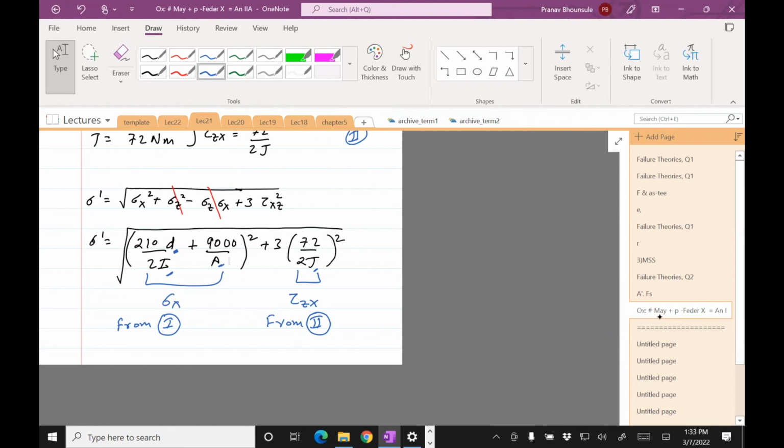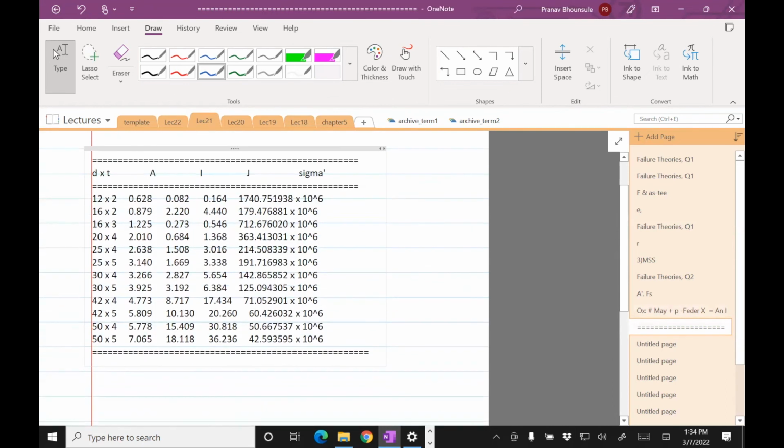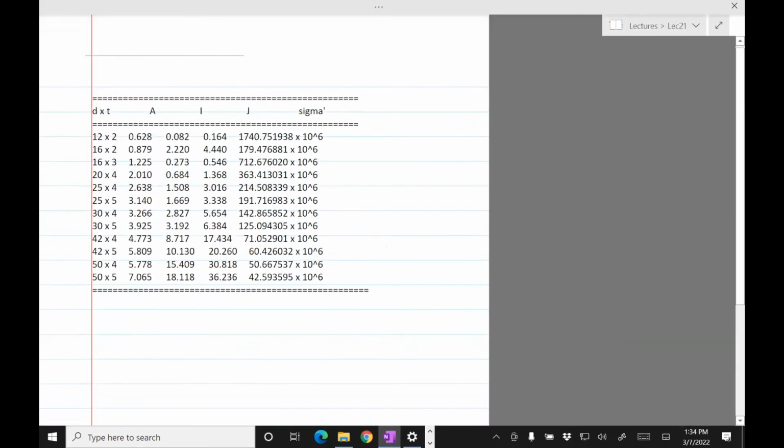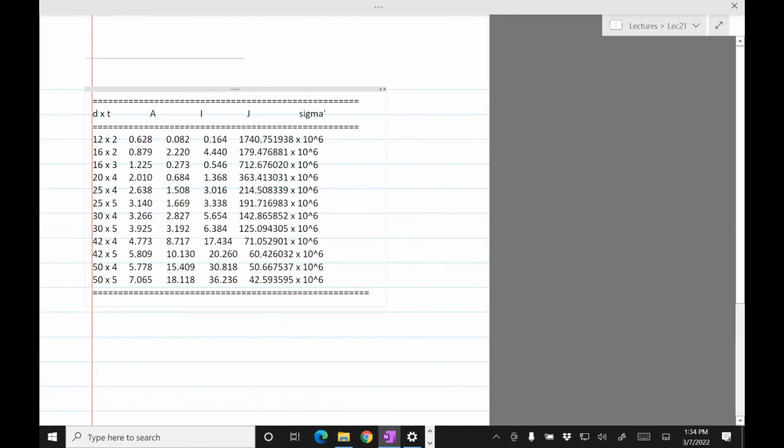I used MATLAB to do this computation, but you can use Excel too. You just need to tabulate. I put in the values for D, A, I, J in that formula, and I computed what the corresponding sigma prime is. So it gives me a bunch of sigma primes.